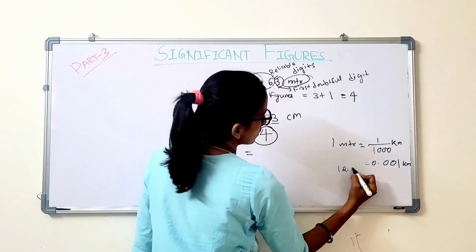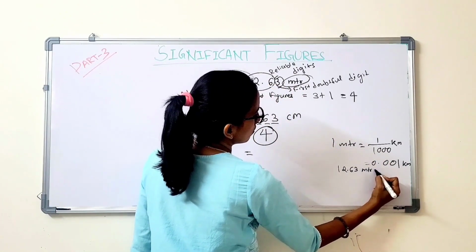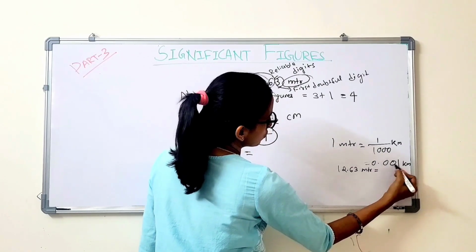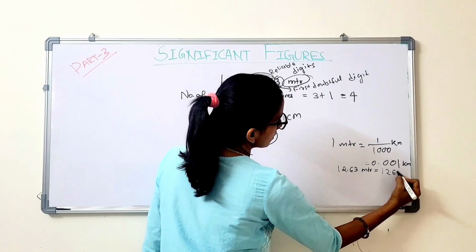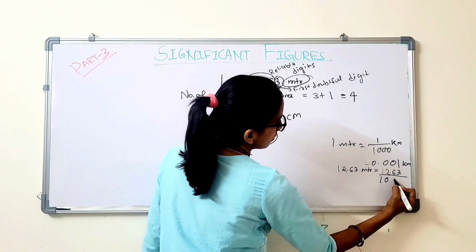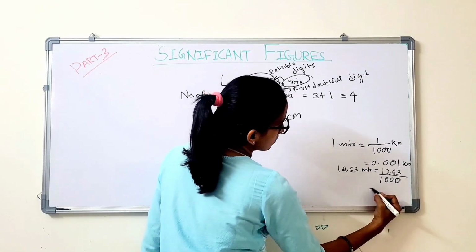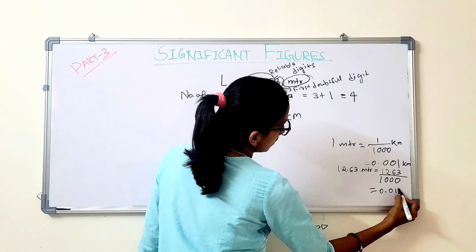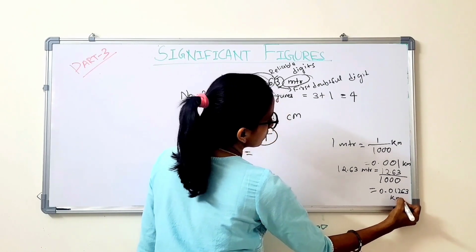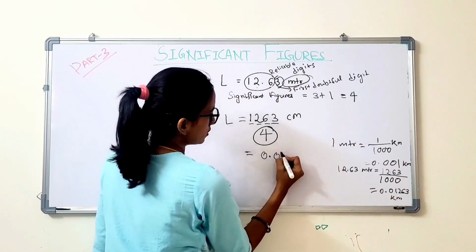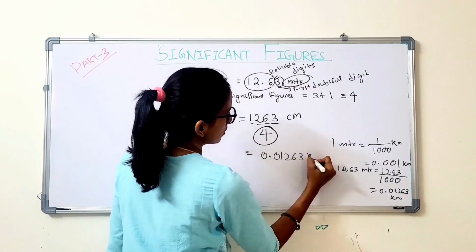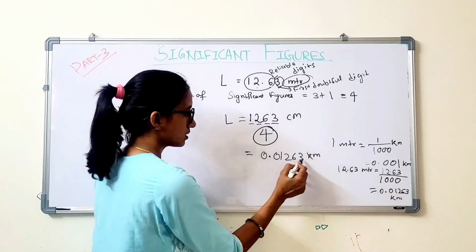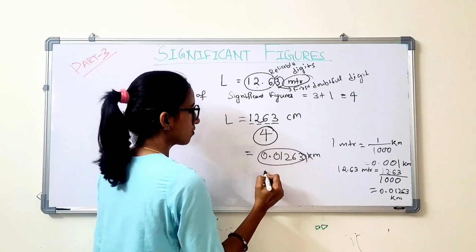So 12.63 meter will be equal to 0.001 times 12.63, so it will be 0.01263 kilometers. So in this case also the number of significant digits will be 4.